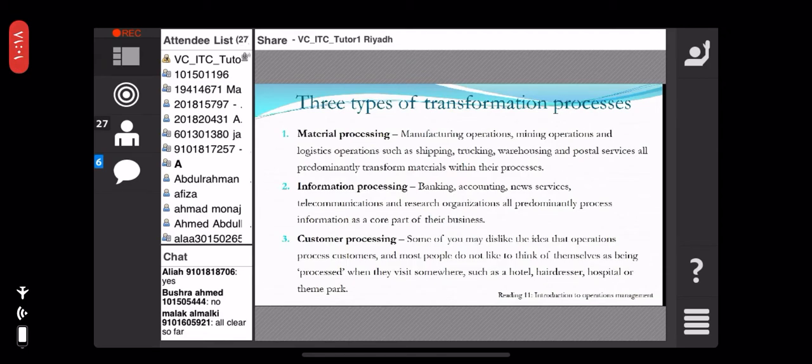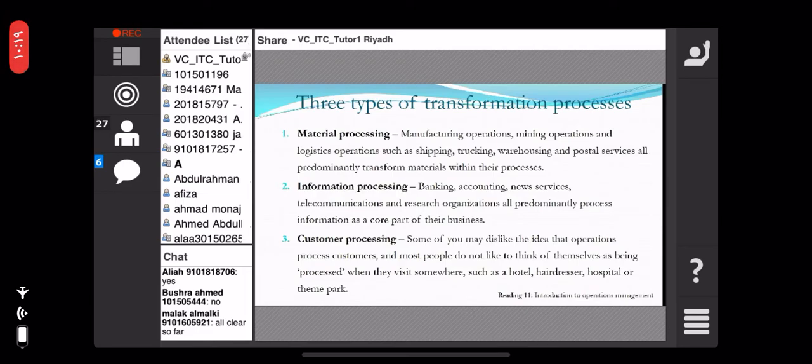Manufacturing operations, mining operations, and logistics operations such as shipping, trucking, warehousing, and postal services all predominantly transform materials within their process. Material, from the name.